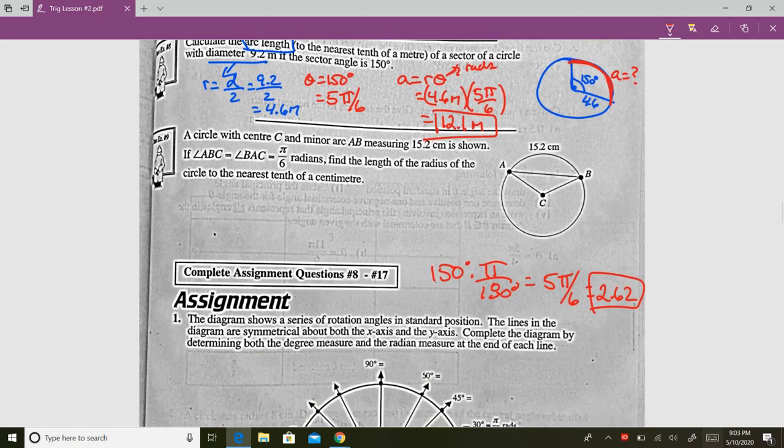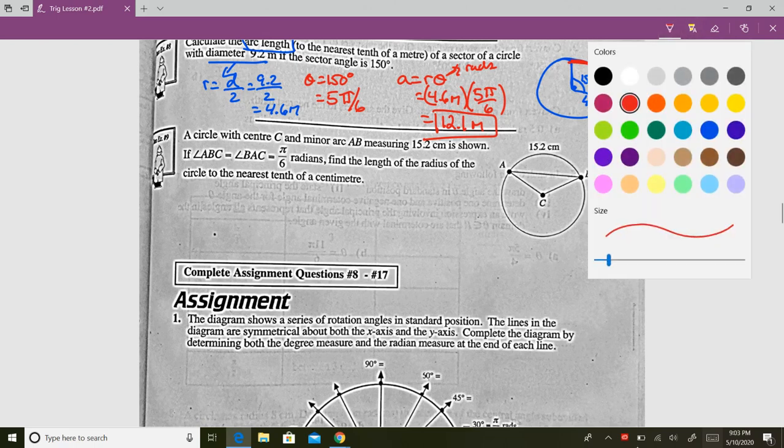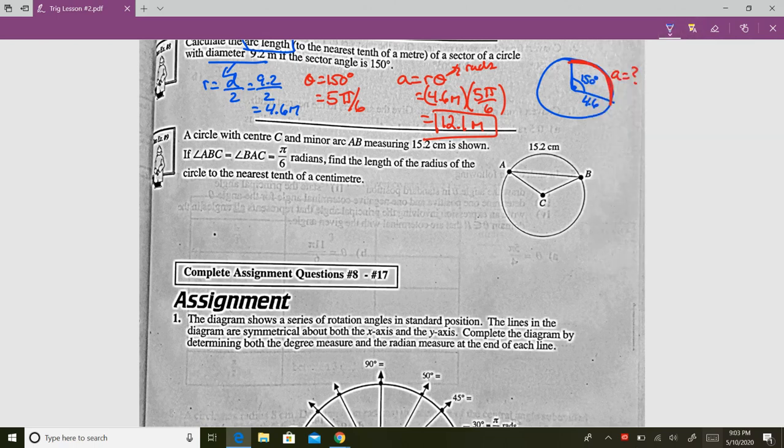Okay. Last one. There's this. All right. Okay. Circle with center C and minor arc AB. So they're talking about this distance here.